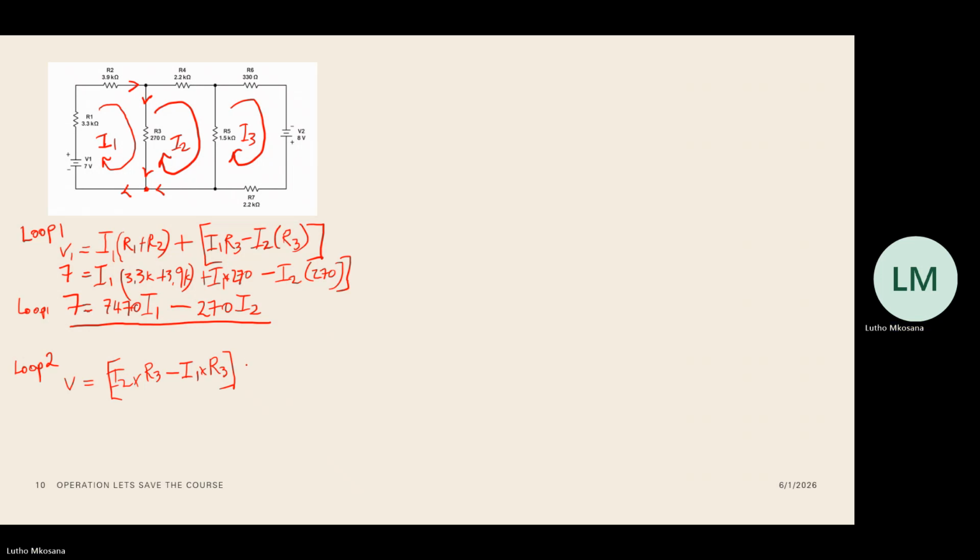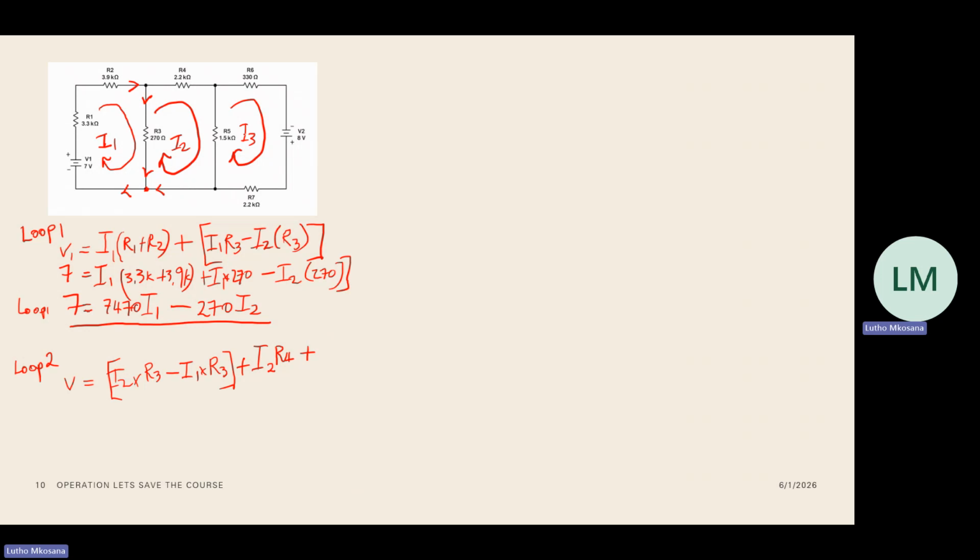Then plus the sum I2 multiplied by R4 for the voltage across R4, plus now also with R5, I3 is also influencing R5 over here.